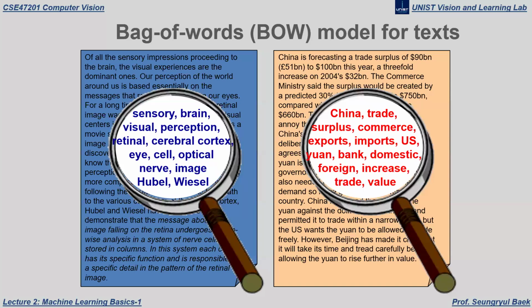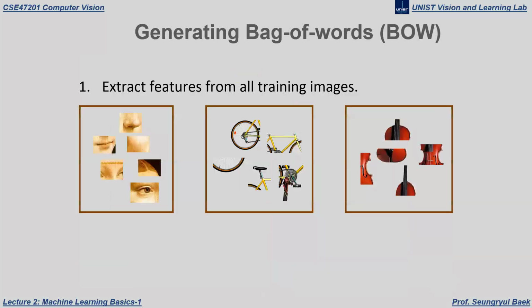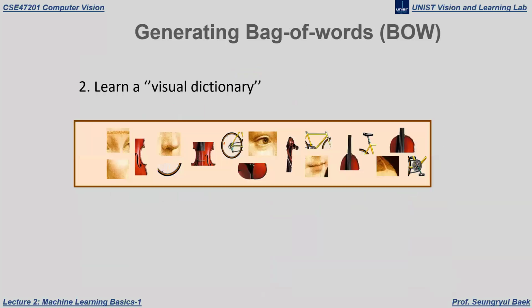But in text, the words are predefined, okay? In the image domain, it is not defined clearly. So we have to make that by extracting all the features from the images, and then by applying the k-means clustering algorithm on that, we can take the centroids, and those centroids become the visual words, okay?